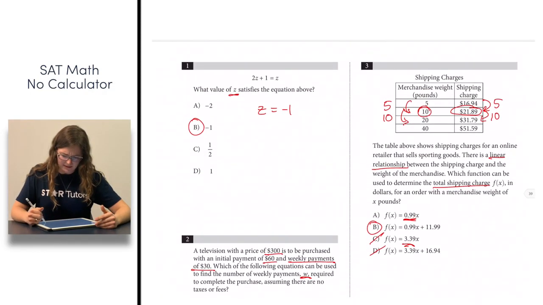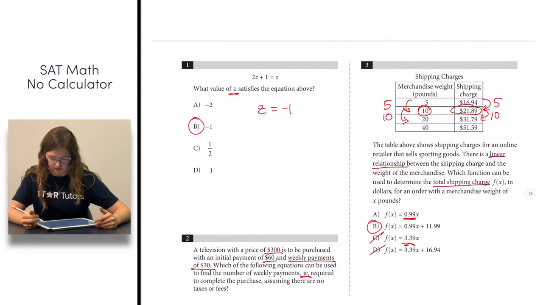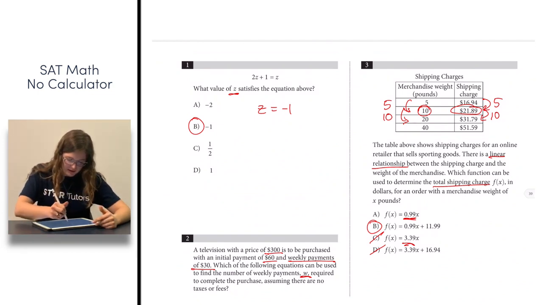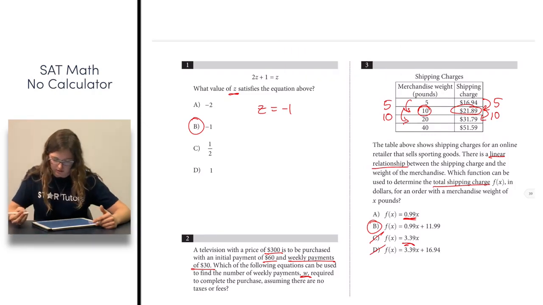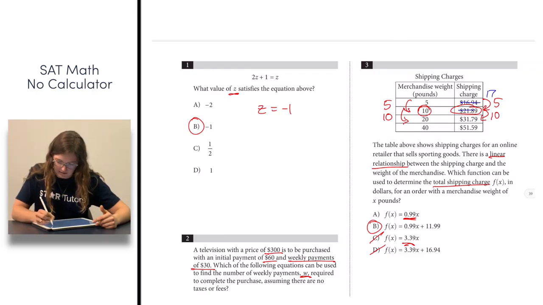And especially, this number 3. This number 3 is really hard. I would recommend doing this problem potentially even by rounding the numbers so that they look nicer, because they're all really close to good numbers. So like making this 16.94, making that 17, make this one 22, make this one 32, make this one 52.